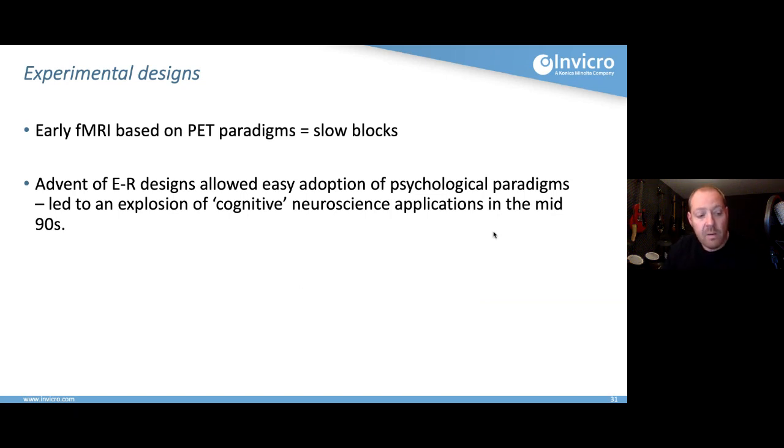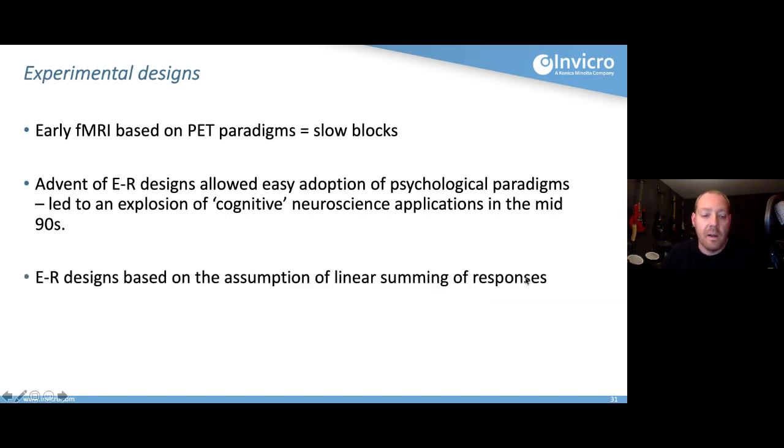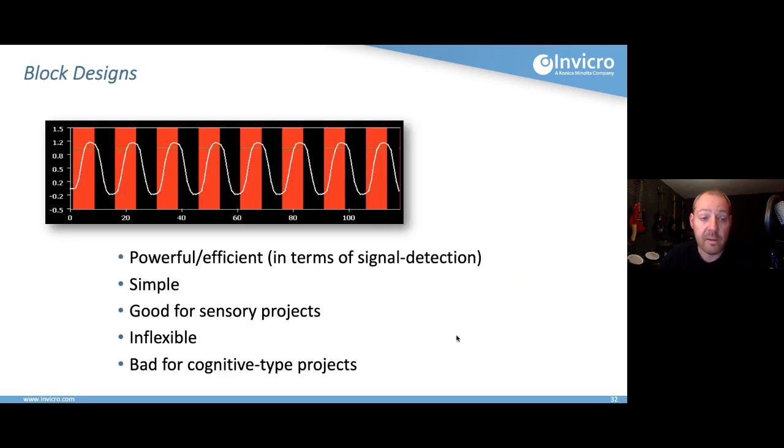What that meant was that all the cognitive psychologists that had been doing cognitive psychology type button pushing experiments in the 80s and 90s could suddenly do those experiments in MRI scanners and start looking at cognitive effects in the brain. And the event-related designs are based on the assumption of the linear summing of responses, which I mentioned briefly earlier when I was talking about the hemodynamic response function. I'll get onto that in a second.